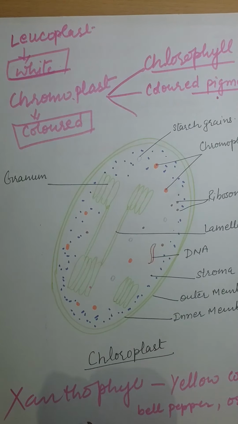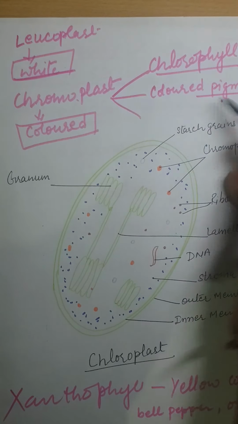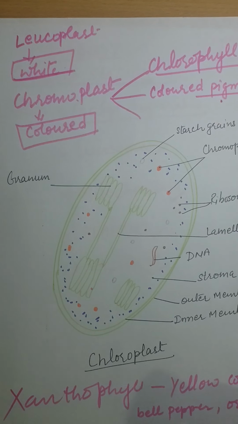So xanthophyll is a colored pigment which is in the chromoplast, and it gives the yellow color to the bell pepper or the papaya or such types of fruits or yellow flowers.